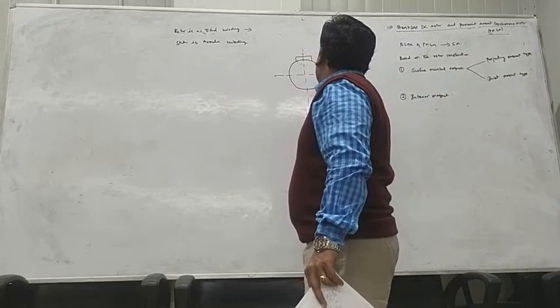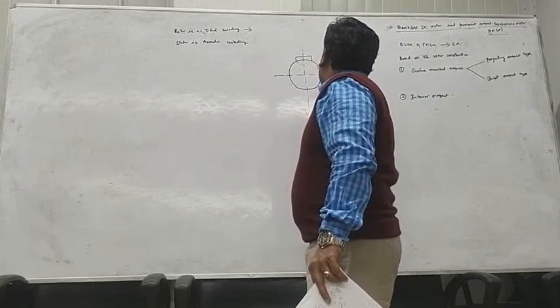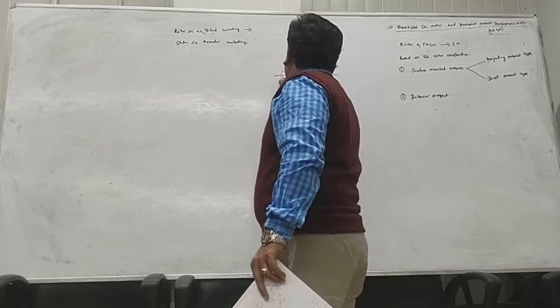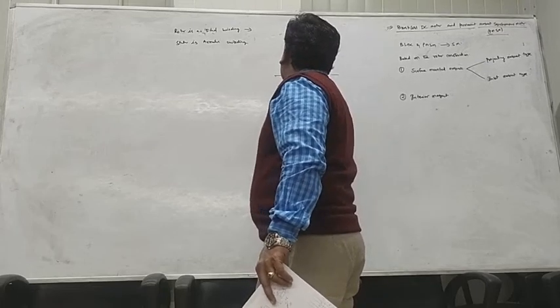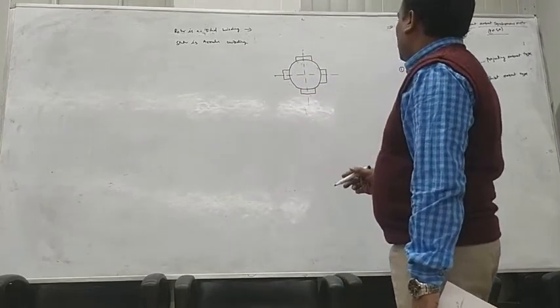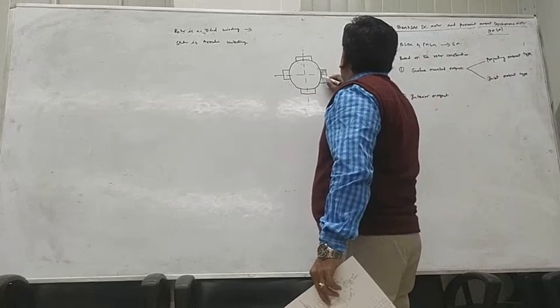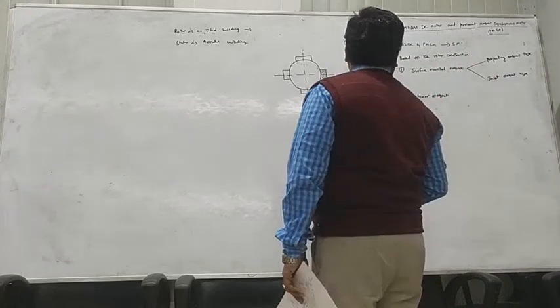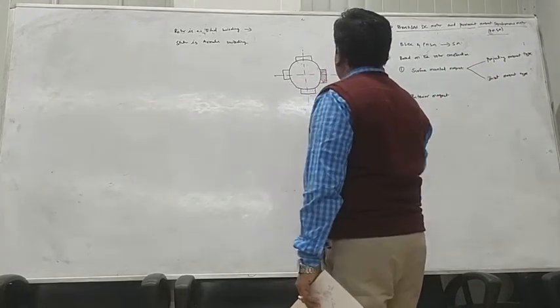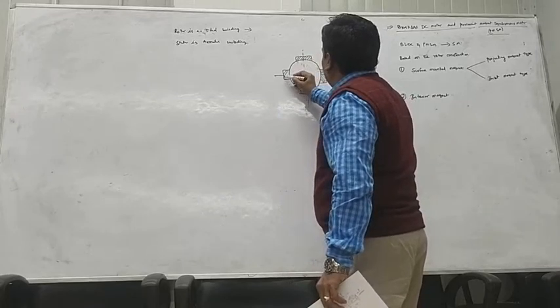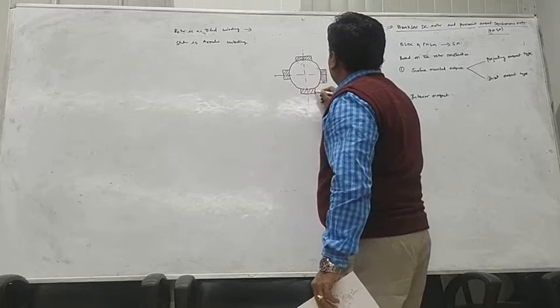So these are the permanent magnets on the surface of the rotor. That is the projecting magnet type. In the case of surface mounted magnets, on the rotor surface we are projecting the permanent magnets.